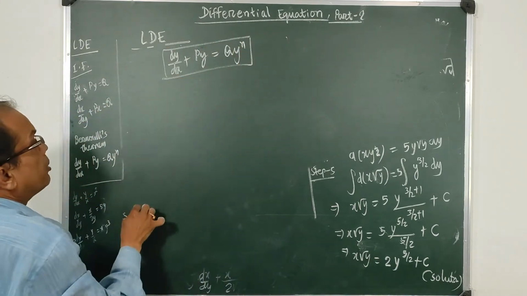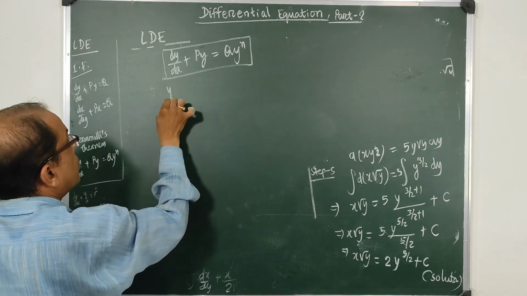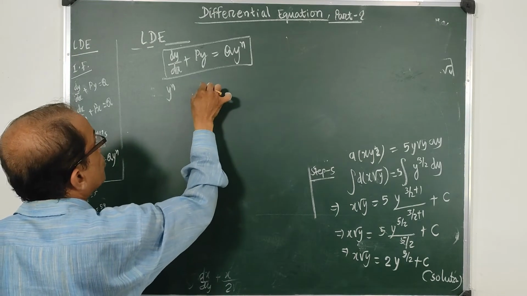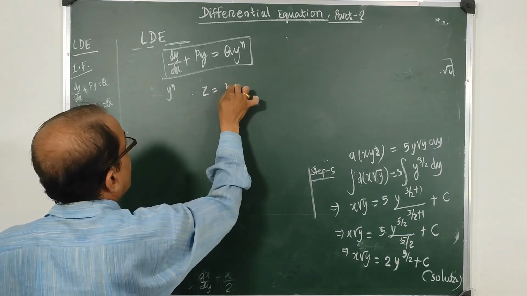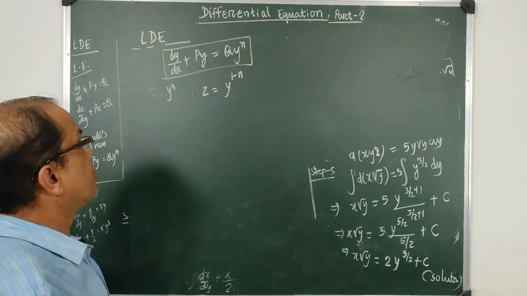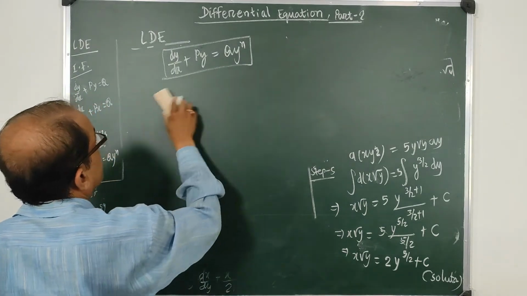In this kind of problem, we have to divide both the sides by y to the power n, and then we have to put another variable z for y to the power 1 minus n and convert it into the linear differential equation form, then solve it. See how I am doing it.